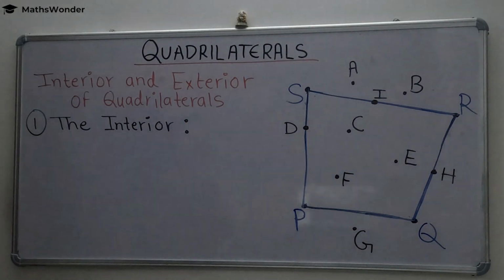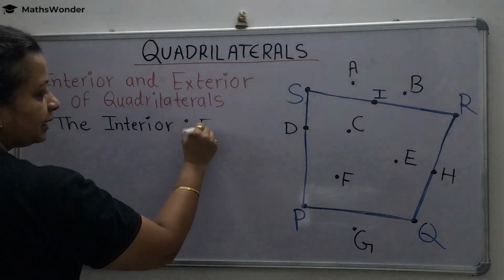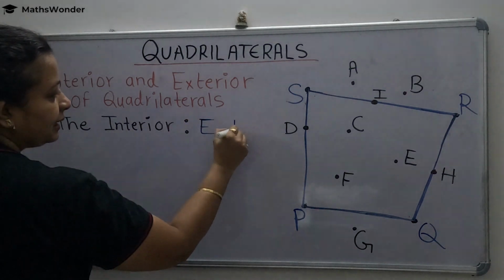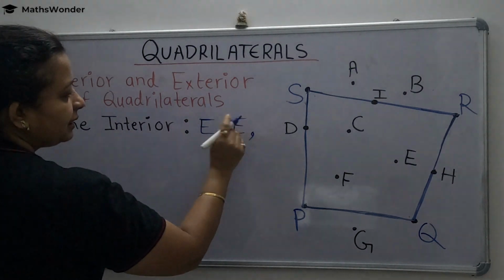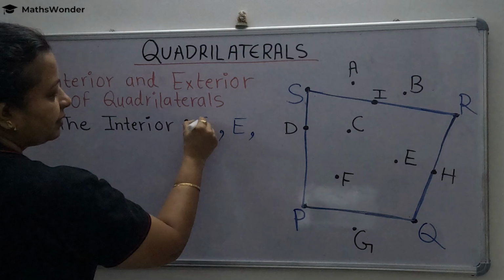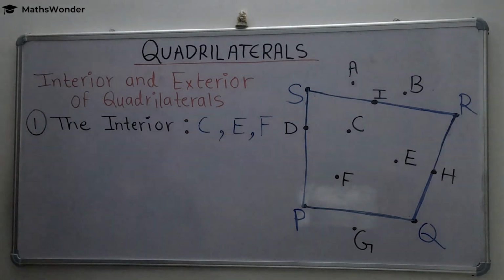C, E and F. We have 3 points lying in the interior region of the quadrilateral. Hence they are called interior points.